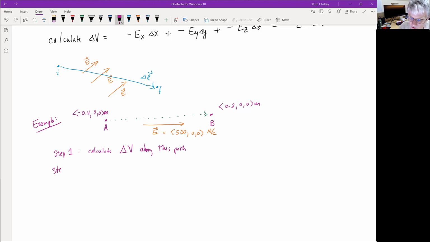And step 2: multiply by the charge of the particle to get the change in electric potential energy of the system.